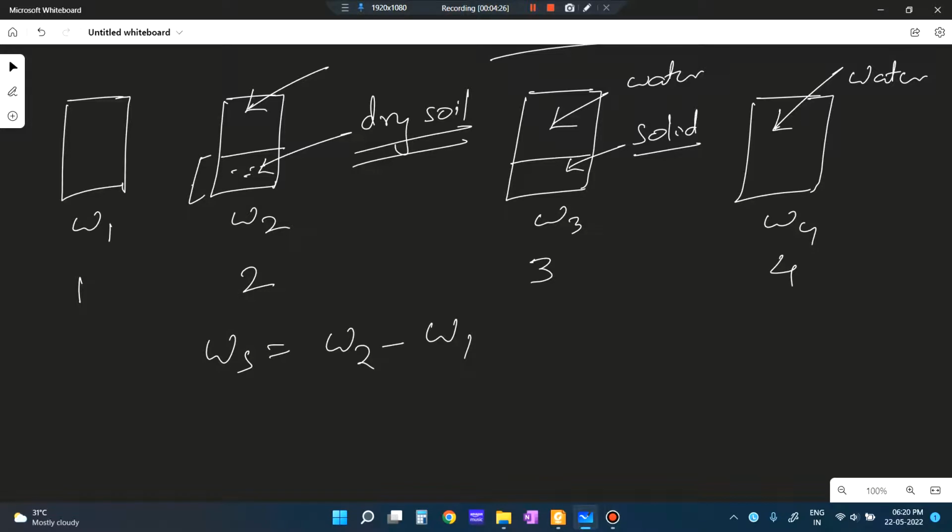Now we need the weight of the equivalent volume of water, that is Vs. So how we will get the weight of the equivalent volume of water?